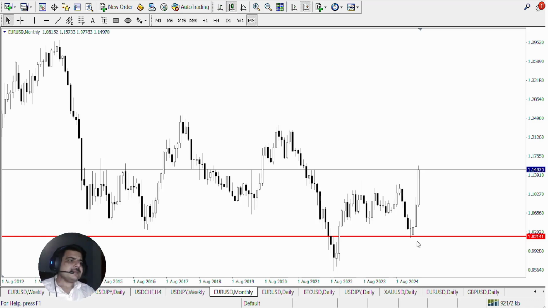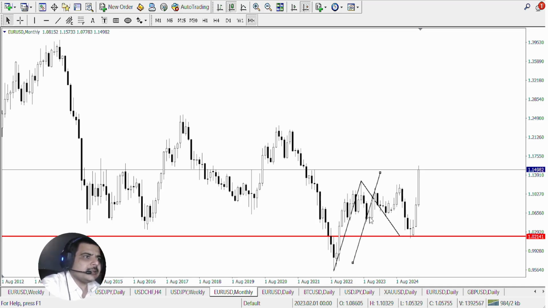Okay, very simple. Let me quickly complete this ABCD pattern and the pullback on the monthly. If I complete this particular move, the AB equals CD will look something like this.